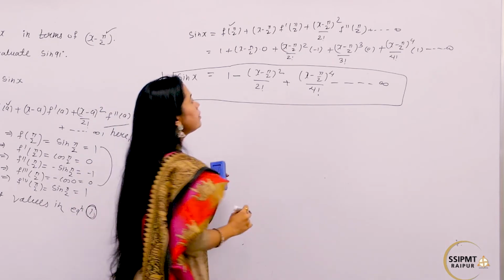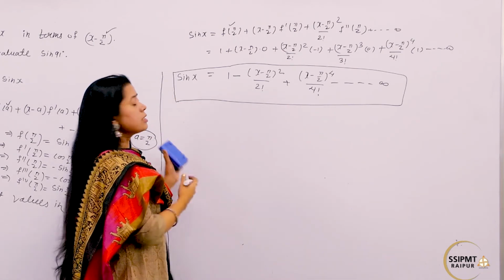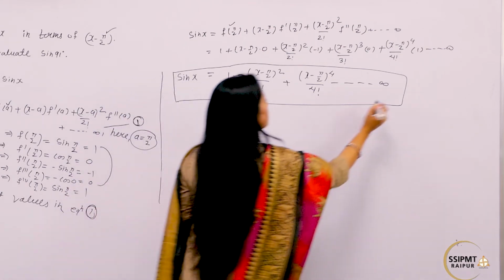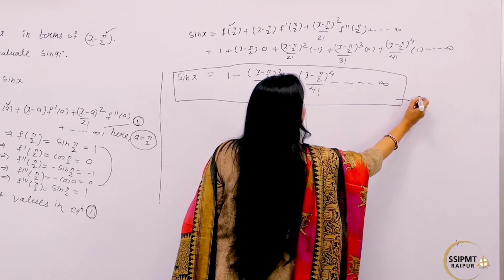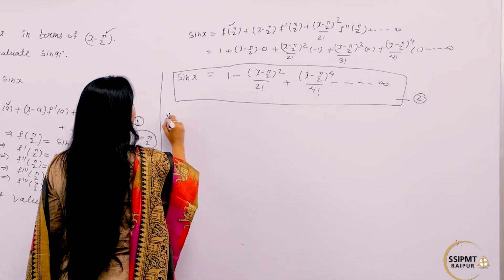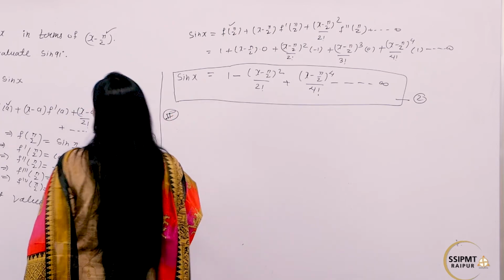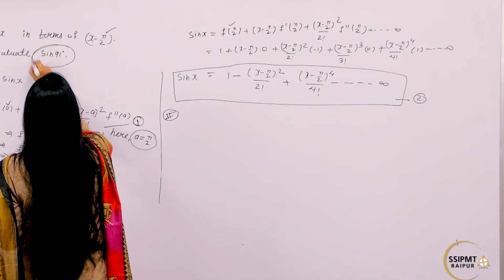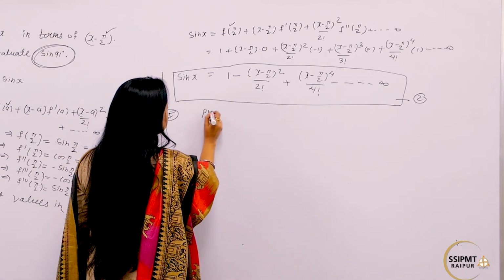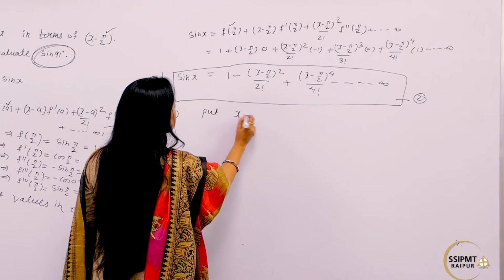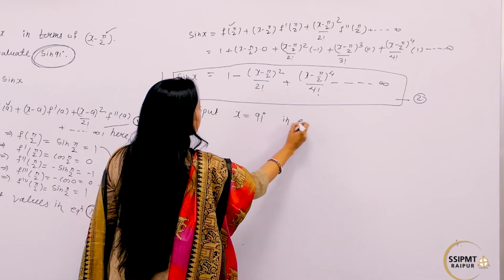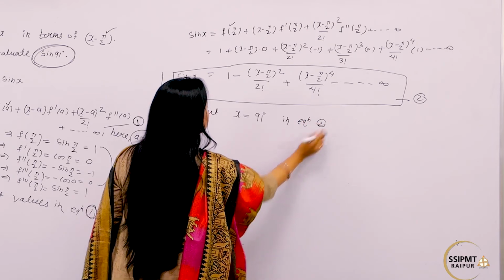So this is the required series of sin x when the series is expanded about the point pi by 2, which is quite different when it is expanded about the point 0. So take it as equation number 2. We still have the second part, that we have to calculate the value of sine 91 degree. So put x is equal to 91 degree in equation number 2.